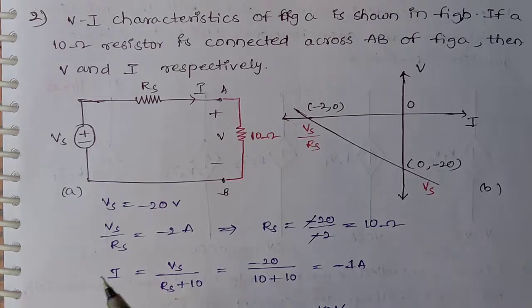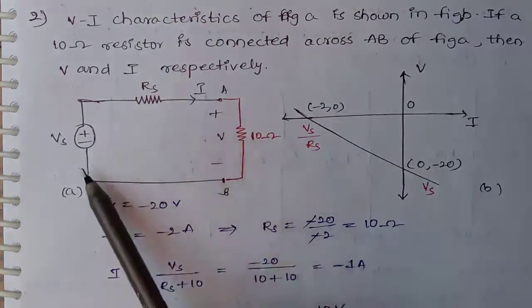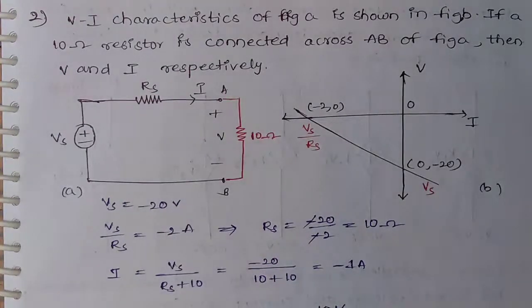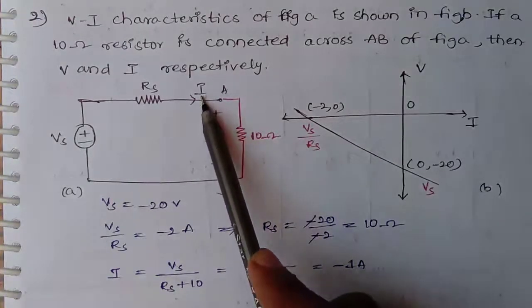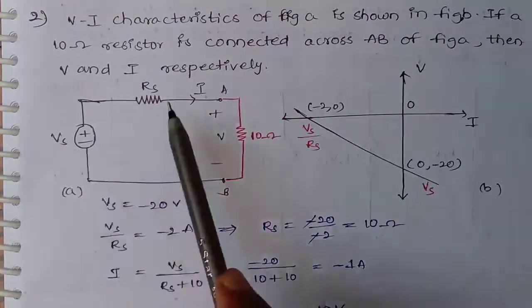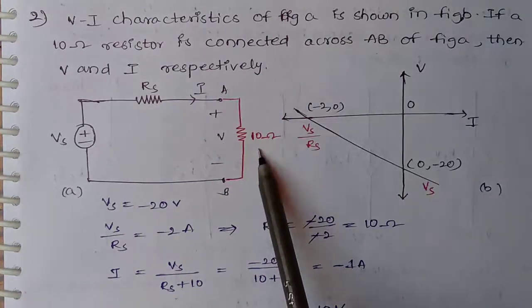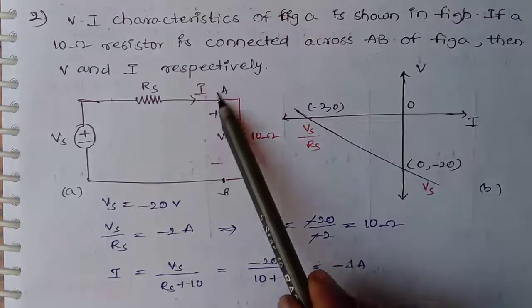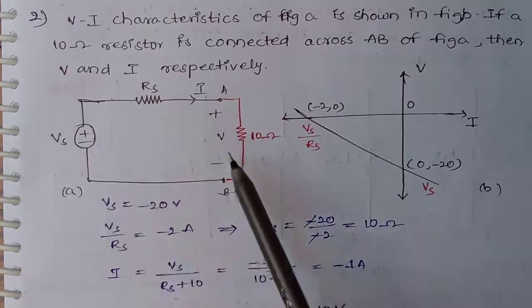Our task is to find out this current. Now we got all the values, so apply KVL in this loop, or simply divide this voltage by the total resistance.